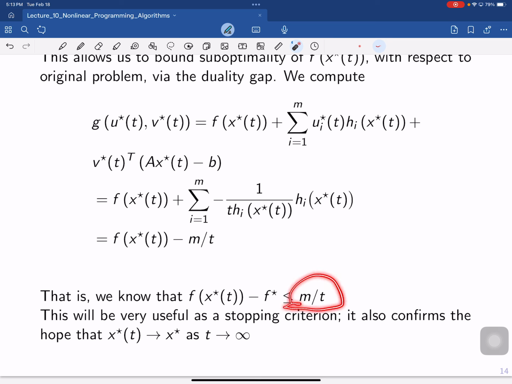M is the number of linear equality constraints, and t is this 1 over t ratio you choose, right? As t becomes larger, the gap becomes smaller, right? And this is very consistent with our intuition because as t goes bigger and bigger, it will converge to the indicator function, right? So that shows you the rate of convergence as you increase the number t here. Okay.